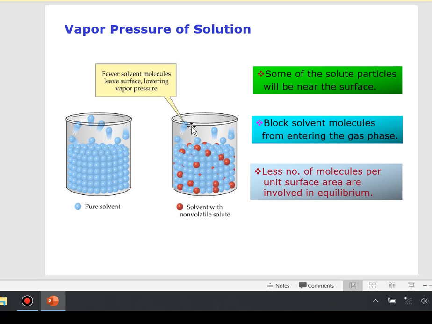It means vapors will become fewer as compared to the pure solvent, because they block the surface. So no more vapors can be formed, and they exert less pressure on the surface. So the vapor pressure decreases. That is the effect on vapor pressure. If we add a non-volatile solute into the pure solvent, the vapor pressure of the solution always decreases.